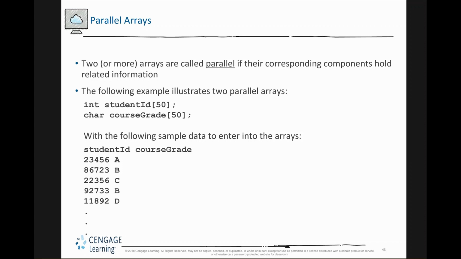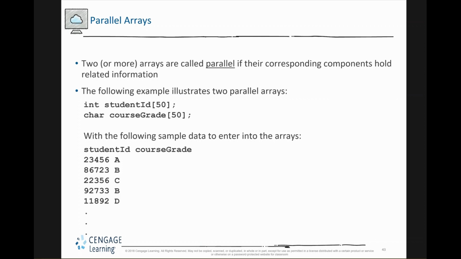What do we mean by a parallel array? Well, when two arrays have items that are related to each other, they are called parallel. For example, on this slide, we have two arrays. We have integer student ID with 50 elements and character course grade with 50 elements.